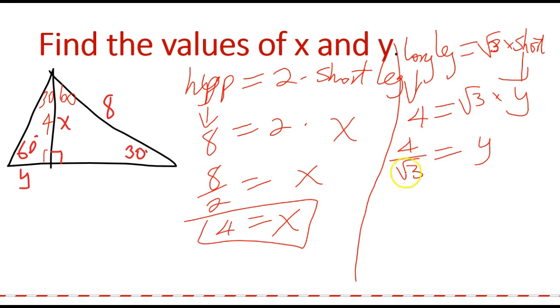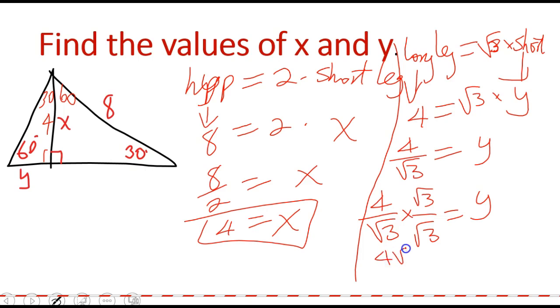But then we need to simplify because we cannot have the square root in the denominator. So we need to multiply by square root of 3. That will give us 4 square root of 3 over 3 times 3 is 9, square root of 9 is 3. And that's it. Okay, so I'm going to pause it here so that it doesn't get very long. Hope you get that.